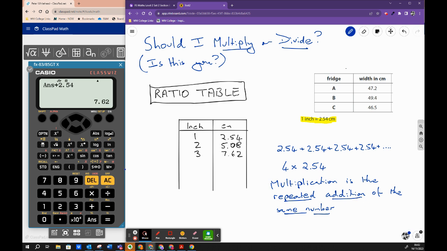So if we ever see ourselves doing this, keep adding 2.54, keep adding 2.54, then that is exactly what multiplication is. Multiplication is the repeated addition of the same number.